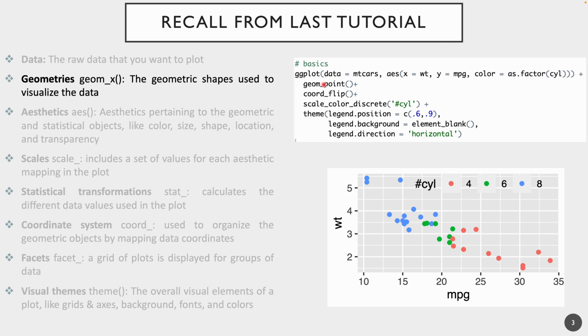One example is the scatter plots or the point plots, where we need to assign the variables for the x-axis and y-axis, and then we can do a bunch of adjustments by using the theme or the other coord or scale functions.